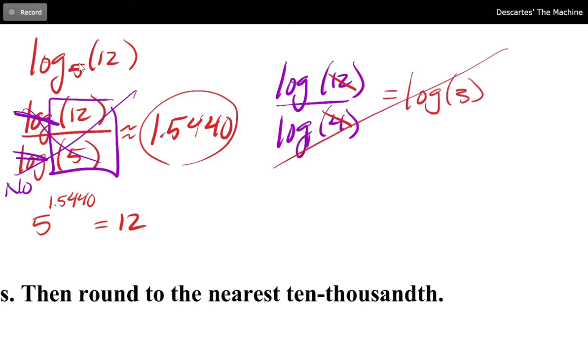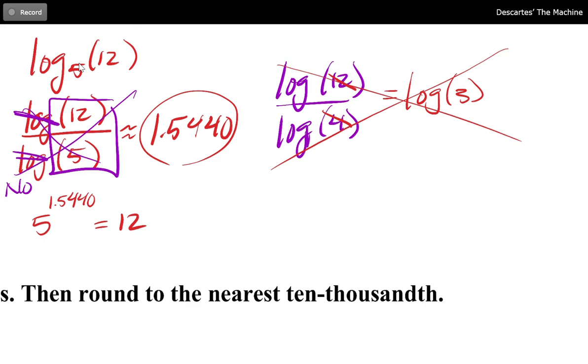That's also false. Okay, you cannot cancel logarithms themselves, and you can't cancel even the arguments of logarithms individually, because it's not 12 divided by 4. It's the exponent on 10 that gives me 12 divided by the exponent on 10 that gives me 4.